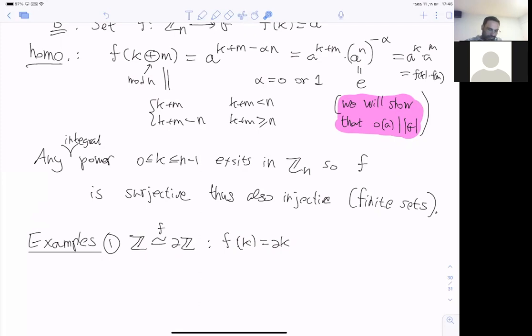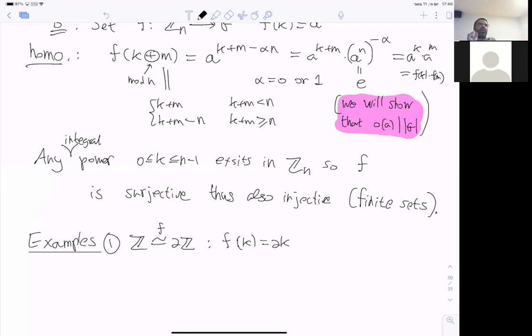Yeah, I have a question. Why does it have to be Z? When we talked about cyclic groups, we didn't mention that the field must be Z. You are asking now not a mathematical question.